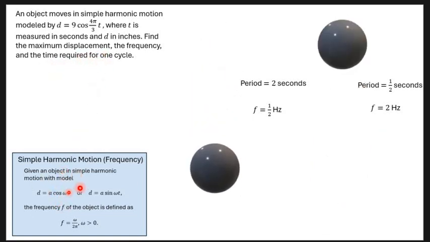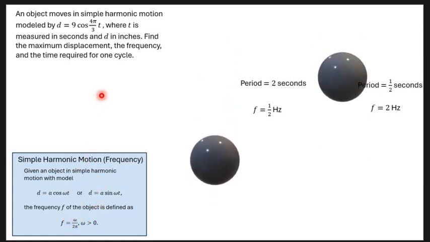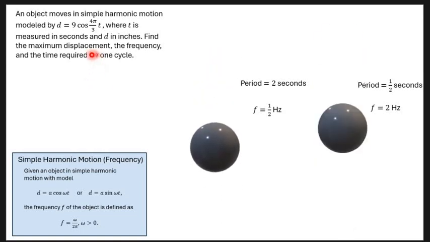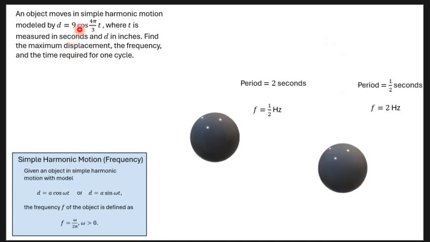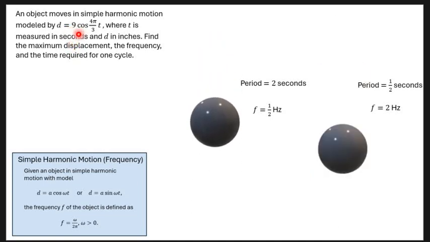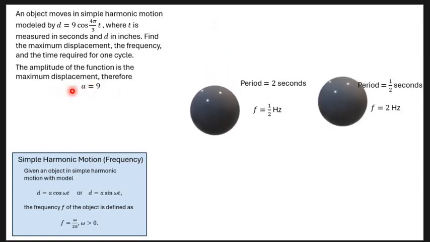Well, given this formula here, we can find the frequency, but previously we defined the maximum displacement to be the amplitude of the function, and the amplitude of this function is 9. So we have 9 being the maximum displacement.